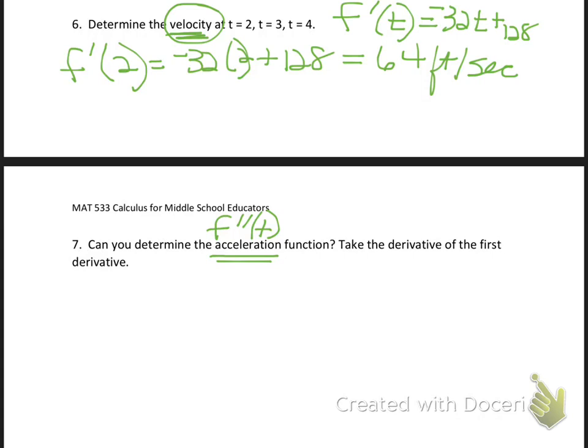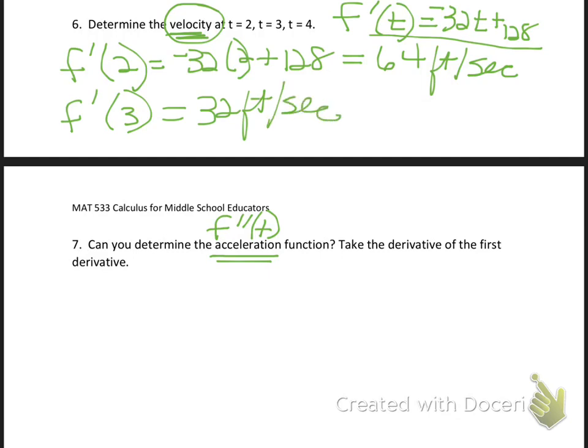If you have time of 2, you would plug in 2 in your velocity function, and you should get 64. And at this point, you're going to report your units. It is feet per second. That's a velocity measurement. Okay, if we had f prime of 3, then when I plugged it in, I should be getting 32 feet per second, and just go ahead and try that.